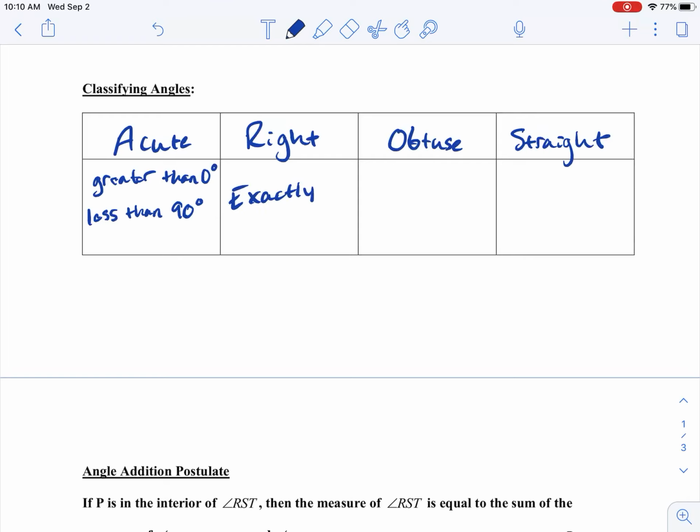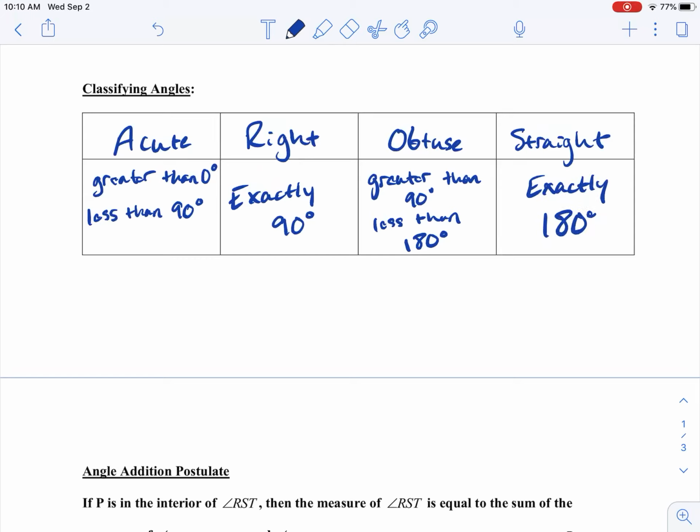For a right angle, it is exactly 90 degrees. Exactly 90 degrees. Cannot be anything more, anything less. An obtuse angle is greater than 90, but at the same time, it's less than 180. And a straight angle is exactly 180 degrees.